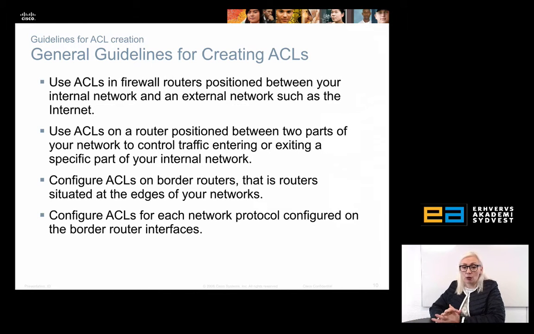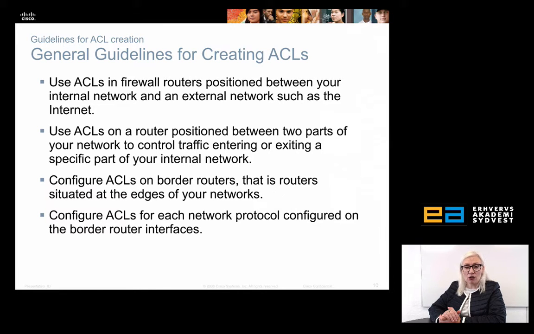So what are we using them for? Well, we are using ACLs to filter traffic typically between a border of a network. What we want to allow into our local area network, for instance, what we want to allow to certain parts of our network, we can set them between different VLANs.